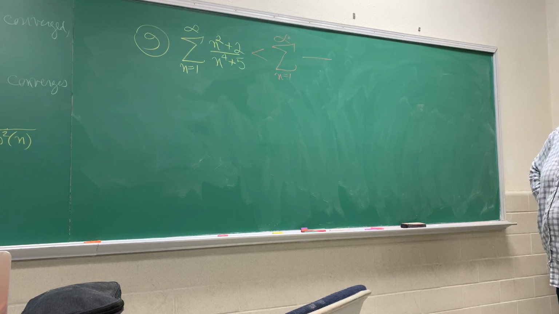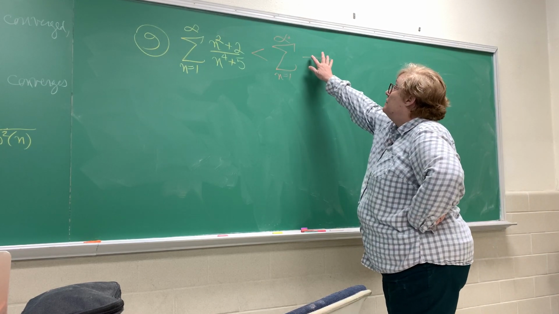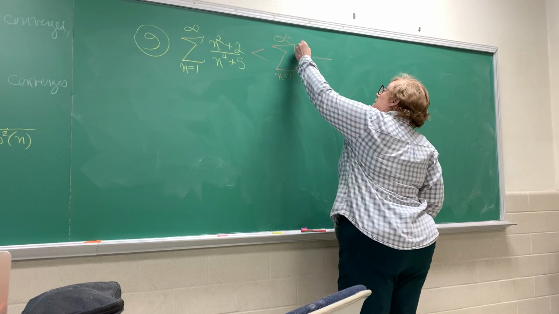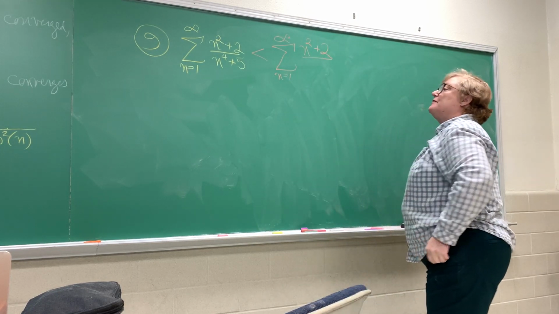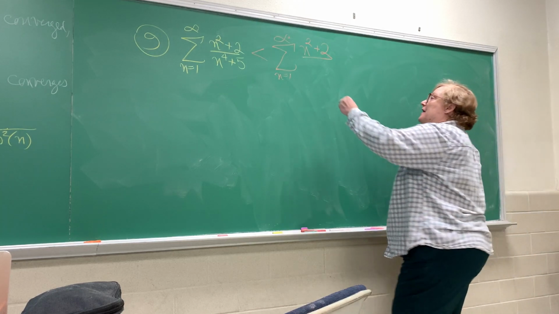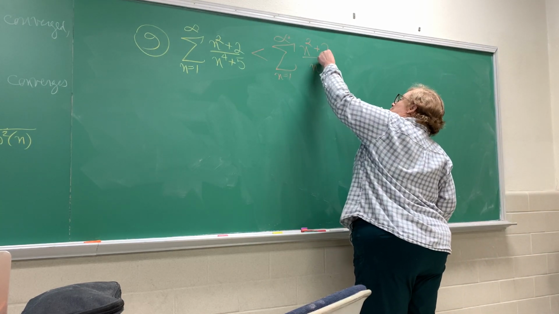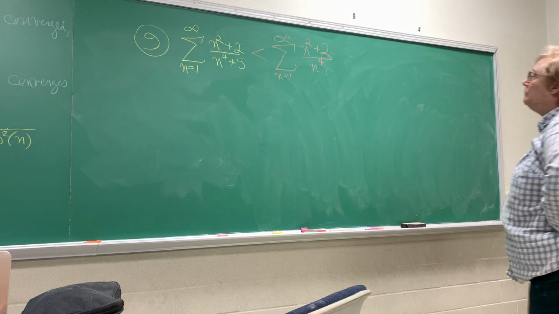And have it get bigger? No. That's right, so we have to leave that plus 2. What about the plus 5 in the denominator? We can get rid of that, good. Okay. Well, now this looks like something that we can evaluate using a different rule.